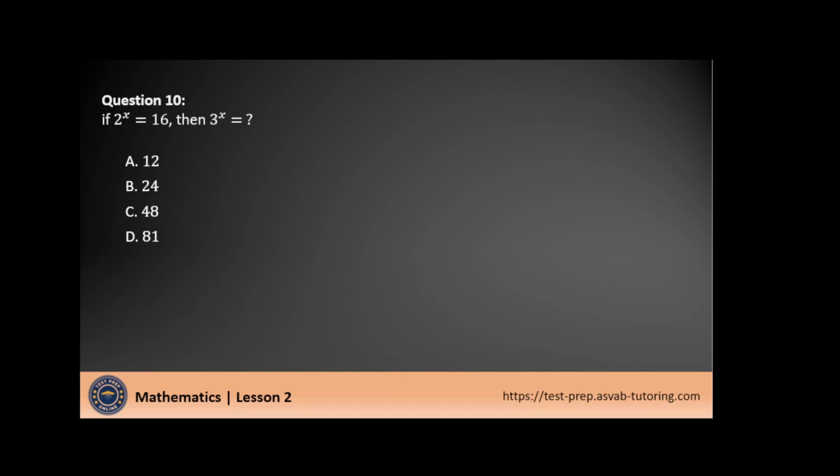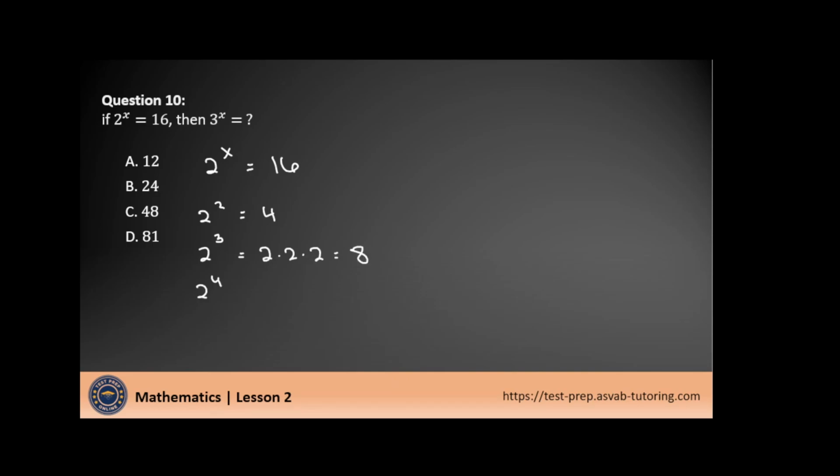Question 10, if 2 to the x is 16, then 3 to the x is what? So let's start out by looking at 2 to the x equals 16 and find out what x is. Okay, so 2 squared would equal 4. 2 to the third would equal 2 times 2 times 2, which equals 8.